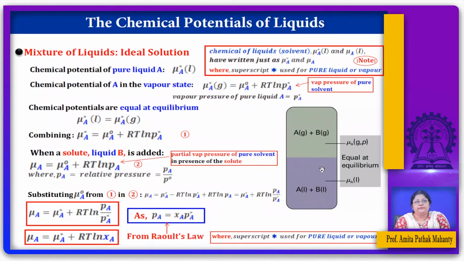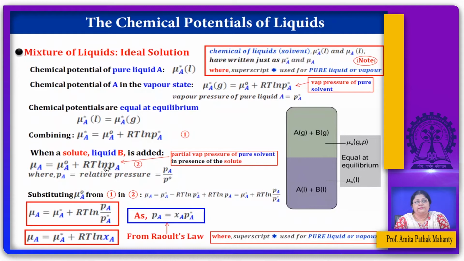So as soon as you add something, the vapor composition changes. That is why we have to take the partial vapor pressure of that particular system after adding another liquid, which I'm designating as solute because this is in small amount. So this equation becomes: the chemical potential of A, that means after mixing the solute B, that is also a liquid, is equal to the chemical potential at the standard state plus RT ln PA.